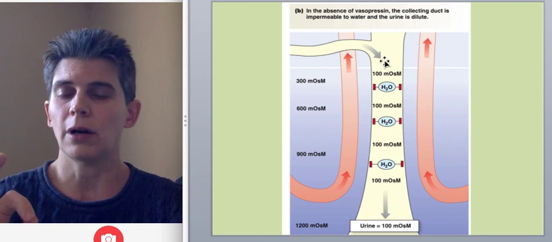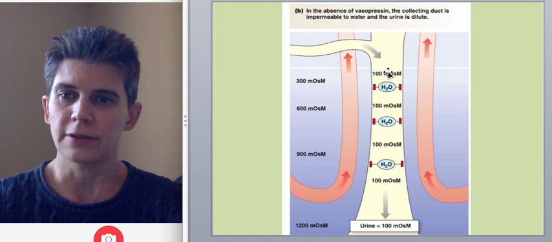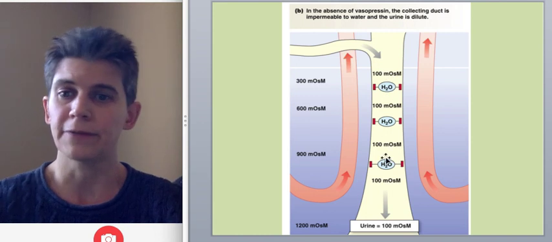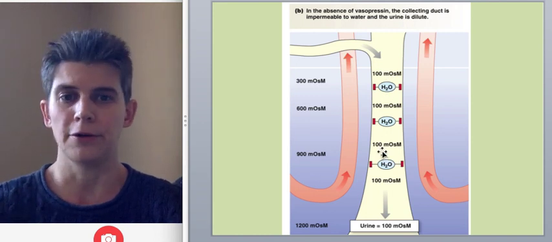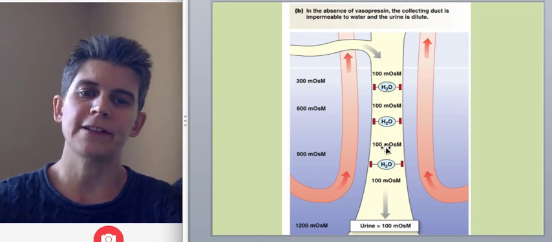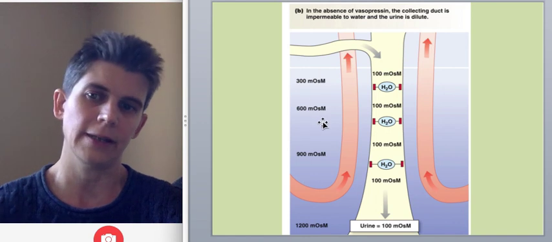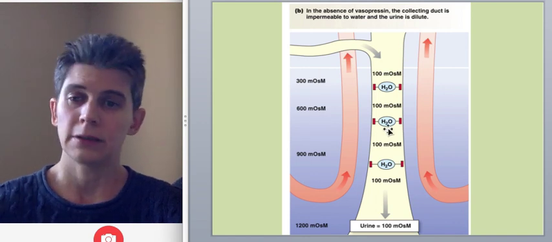If you are very hydrated, as I said, then nothing changes. That is, the fluid remains at 100 milliosmolar, even though the fluid is passing through a very highly concentrated area.